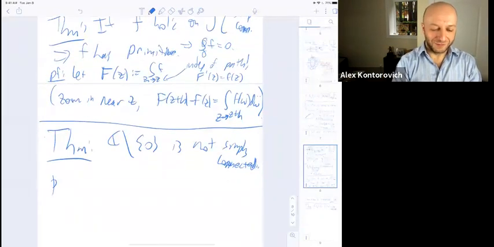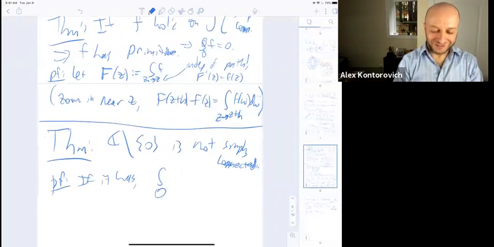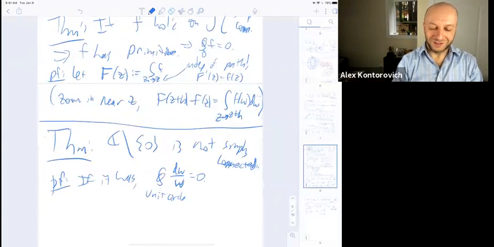And the proof of this theorem is, if it was simply connected, then the integral of 1 over z over the unit circle, this is the unit disk, unit circle, of exactly dw over w would be 0. This is a closed integral, but we know that it's not.